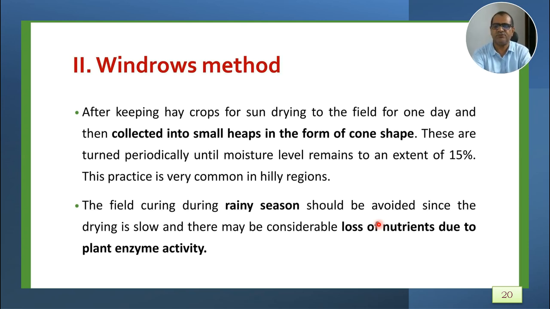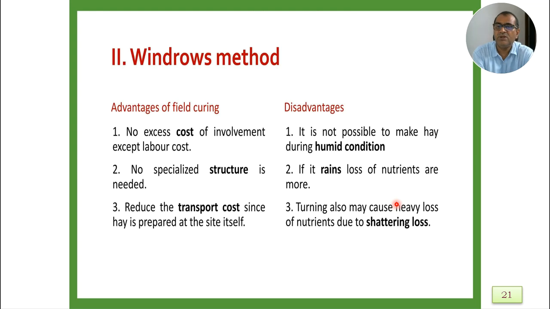This practice is very common in the hilly regions. Spreading in the field during the rainy season should be avoided since the drying is slow and there may be considerable loss of nutrients due to plant enzyme activity. The advantage of the windrow method is no excess cost except the labor cost.